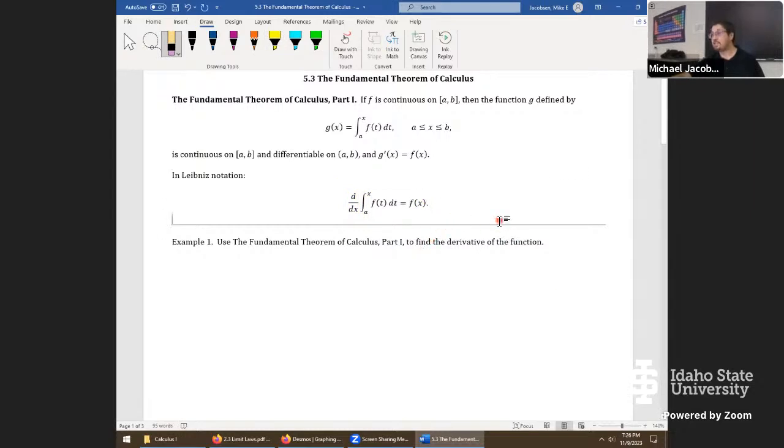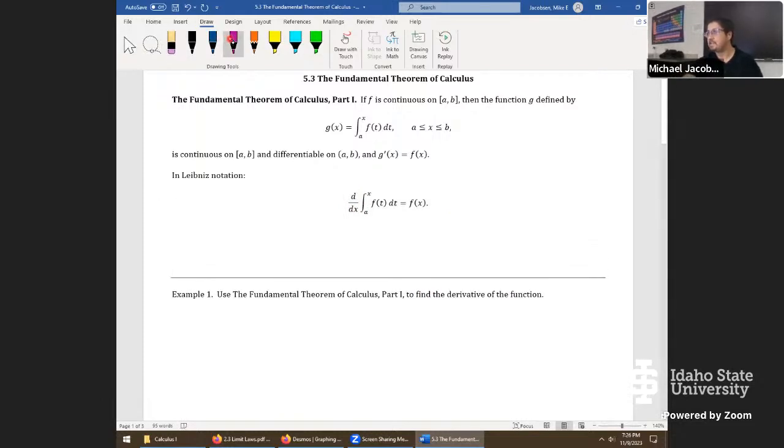Again, the major use for this is if you have a complicated function, like say, for example, y equals e to the power of x cubed. These functions are really, really nasty. This has no closed form antiderivative.